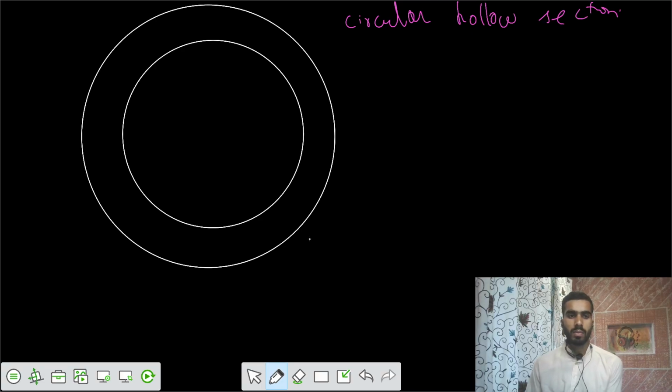Now there is some center line and you are applying a load somewhere. You can also solve for this line also, but for our reference we talk about this one.